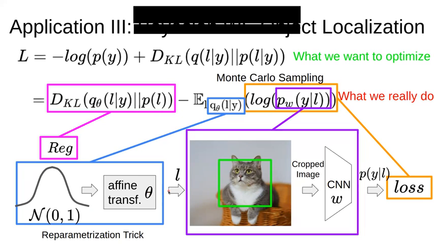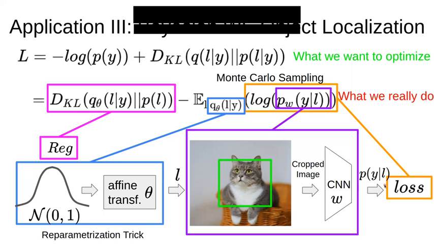We sample a bounding box in the image. This bounding box is cropped and passed to a convolutional neural network with parameters W. This convolutional neural network gives us the likelihood, the probability of a given class given the location.